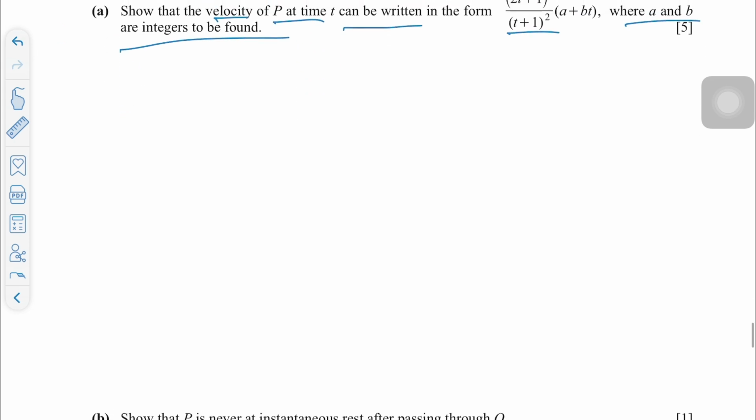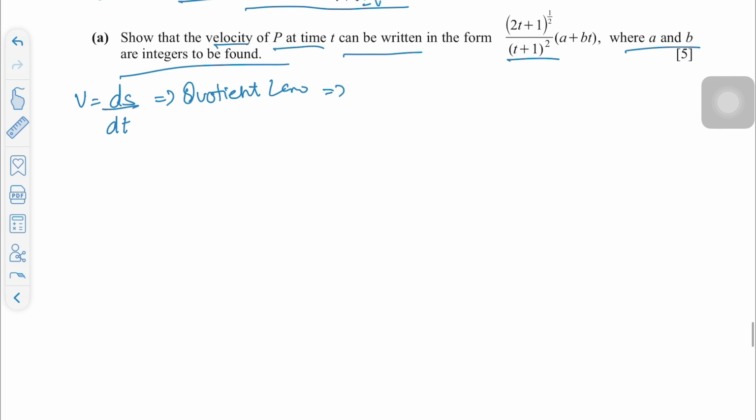Velocity means the differentiation of displacement. So we have to use the quotient law over here. We have velocity as ds over dt, which is the differentiation of displacement. We have to use the quotient law, which states this is our v and this is our u function. This would be v u dash, where u dash means the differentiation of u, minus u v dash, where v dash means the differentiation of v.